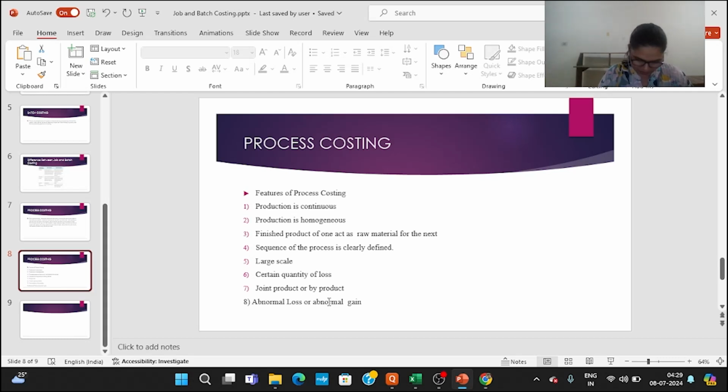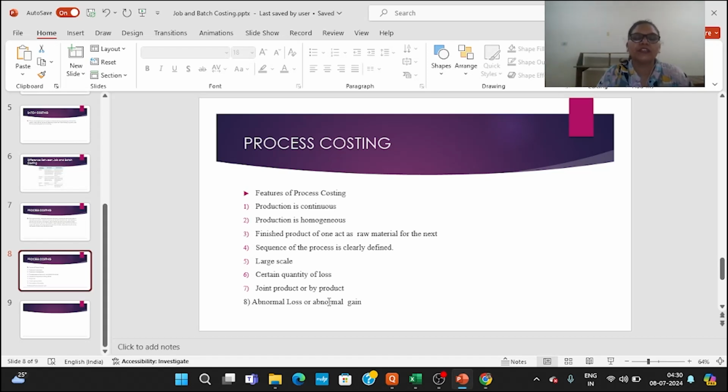In job costing, one job is not related to another job. For example, one order can be for producing 500 pairs of shoes. Another order can be for producing 1000 pairs of shoes. But in case of process costing, all the stages are related to each other.